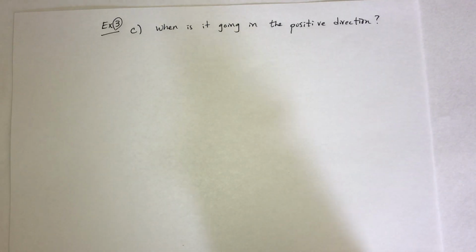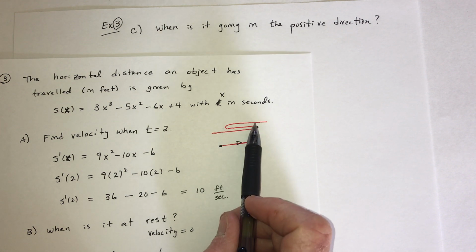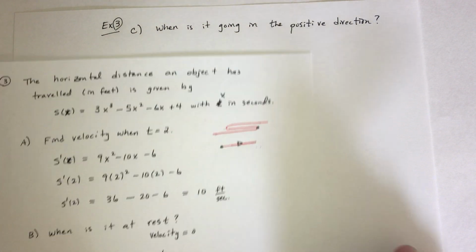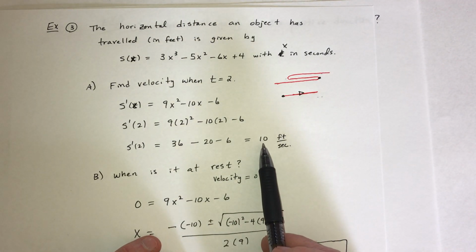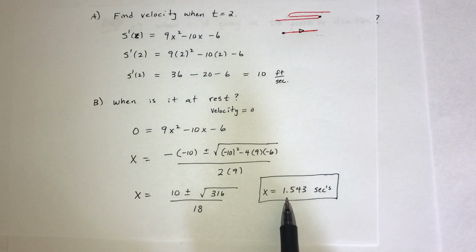So, like I was saying, this thing can go forwards, backwards, and forwards, and backwards and forwards. When is it going forward? Well, with this one, when t equals 2 seconds, I've found out that it's going forward. With this one, 1.53 seconds, that's when it's at rest.